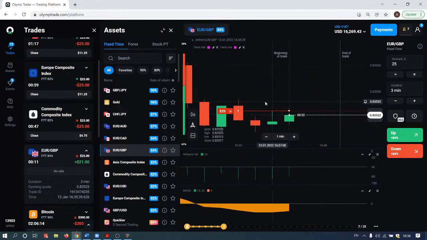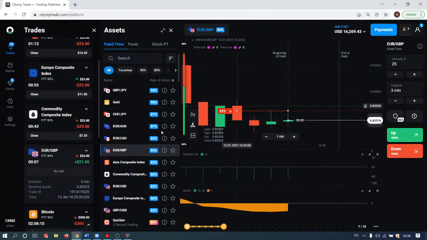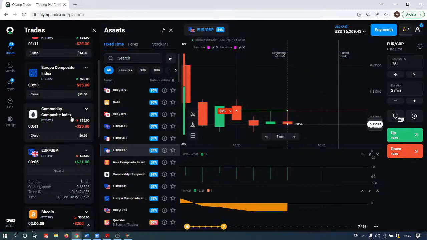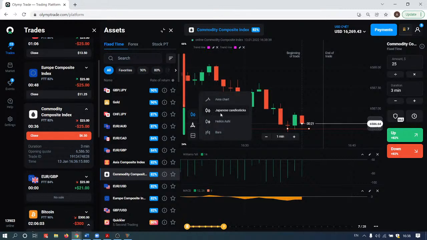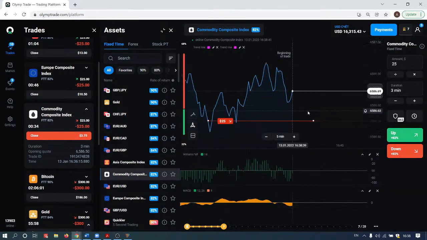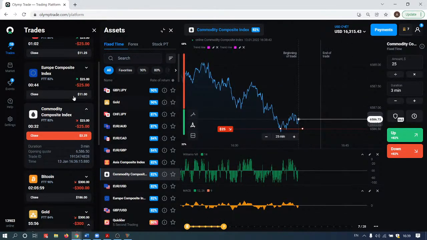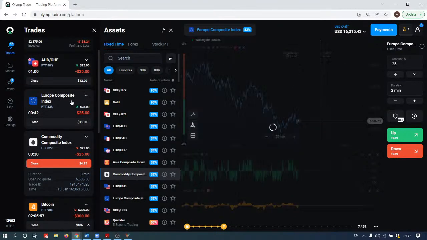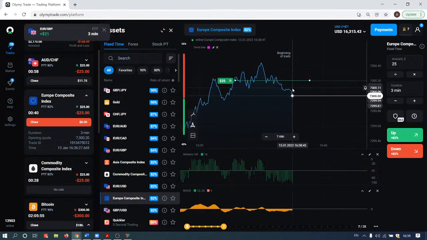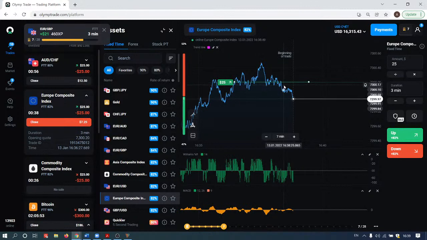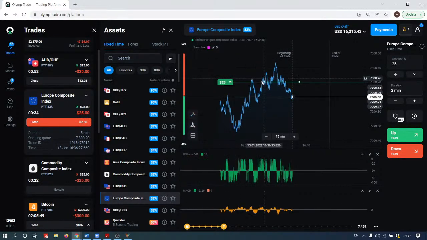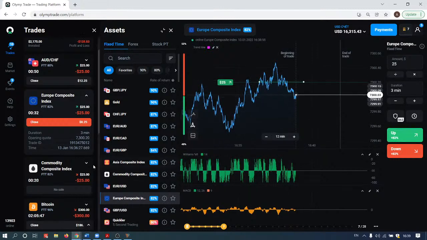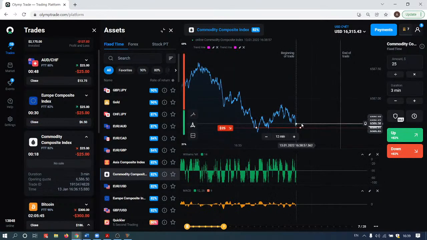So now the Euro GBP. Now we are closing with a profit here, and 35 seconds to go on the commodity composite index. Yeah, that's what I was afraid of. The price was kind of overbought.